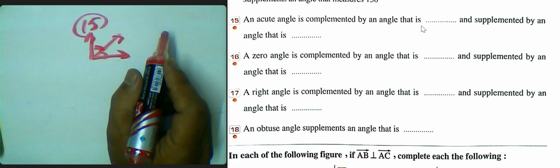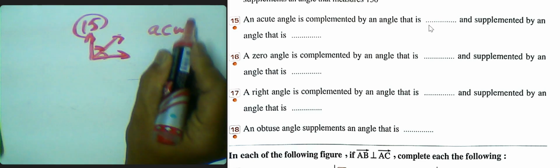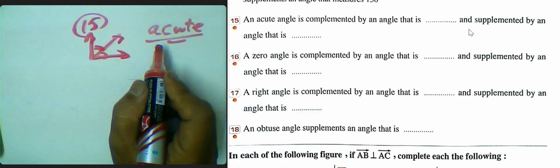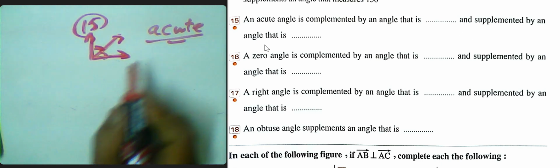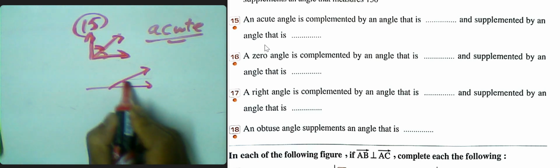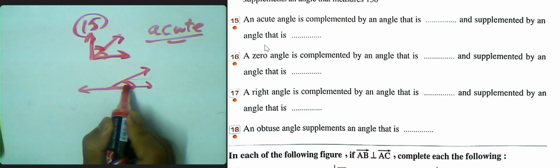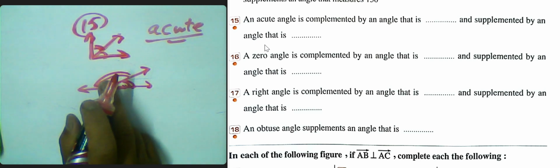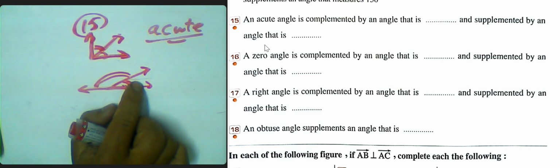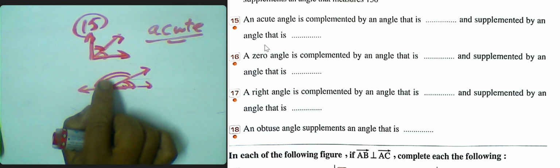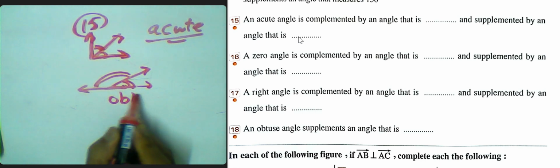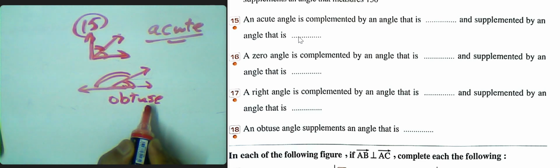And supplemented by an angle of what? We have an acute angle here, we called it acute. The acute angle supplemented by an obtuse angle. Then you must write here obtuse. Understood?